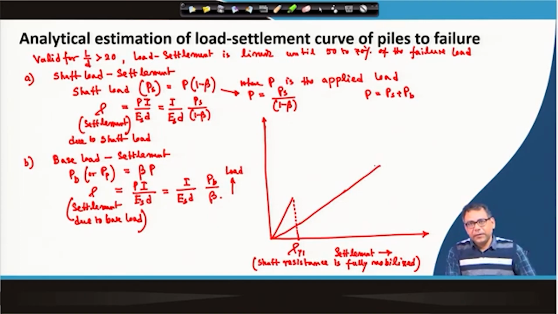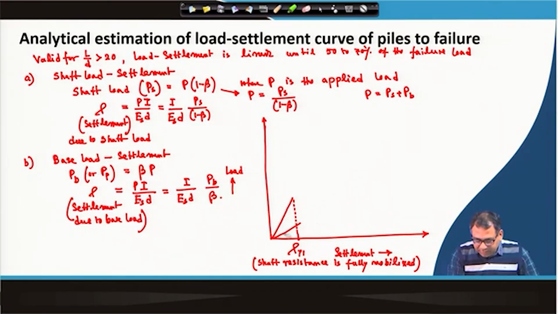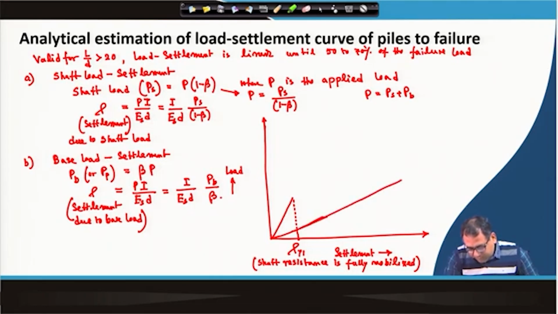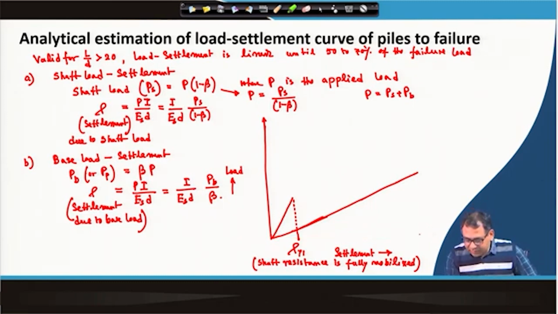Depending upon whether it is a bearing pile or a friction pile, this curve magnitude will change, but here the tip resistance portion is more compared to the friction resistance. So, when the friction resistance is fully mobilized, at that point the tip resistance value is very small.